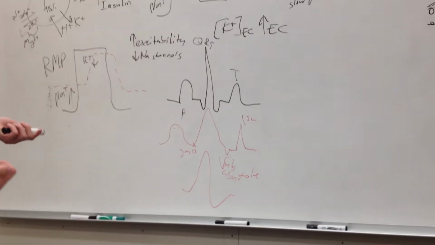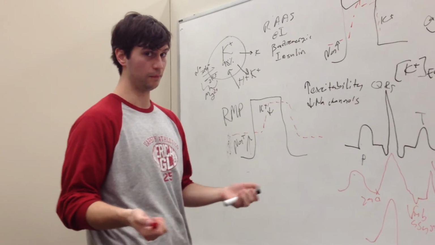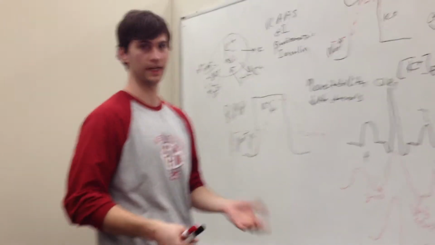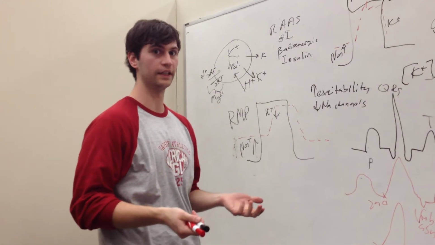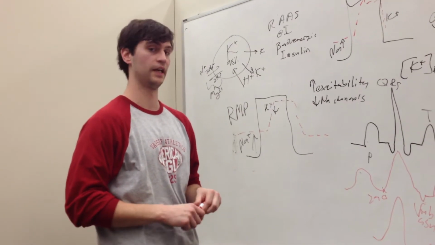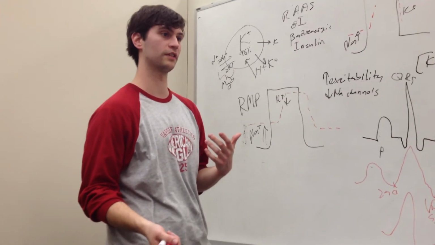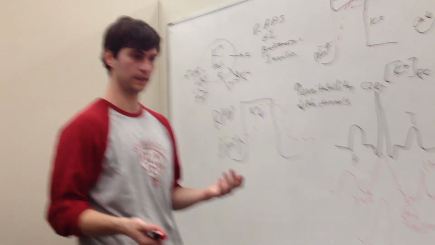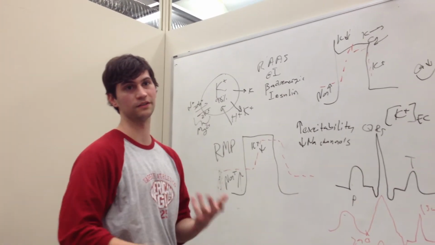Okay. Now I just want to go over some reasons why you may have hyperkalemia. The most important reason would be renal failure. When your kidneys don't work, you retain potassium. Other causes are drugs that increase potassium retention, such as potassium-sparing diuretics, ACE inhibitors, angiotensin receptor blockers, and a lot of antibiotics, such as trimethoprim and penicillin G. Also, something like a crushing injury to the body, you're destroying lots of cells.